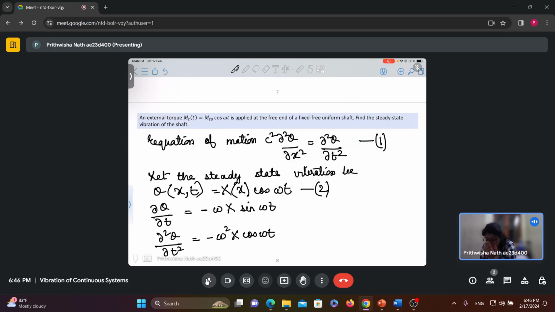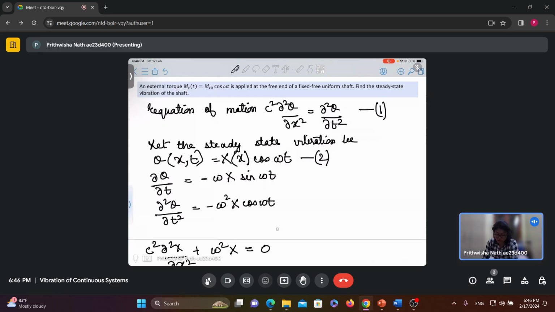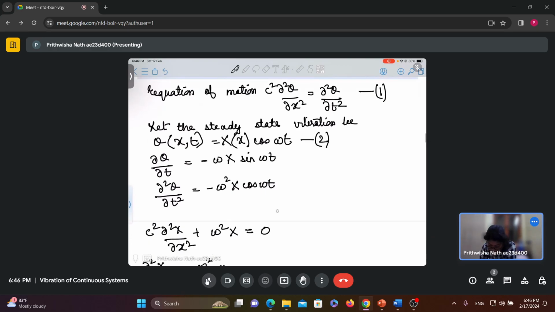Now we can write the equation of motion to be this. For steady state of vibration, we can assume theta to be X cos omega t, where capital X is a function of small x. Now I differentiate theta with respect to time, which gives minus omega X sin omega t, and I further differentiate, so this comes out to be minus omega squared X cos omega t.